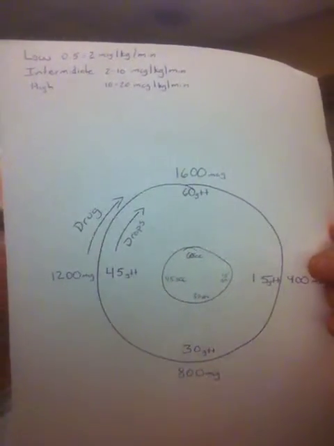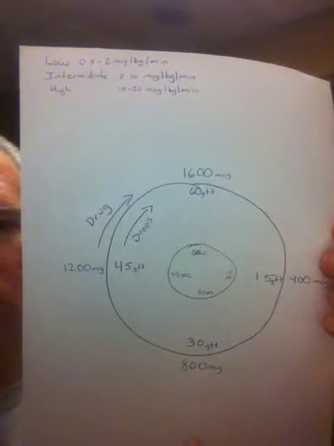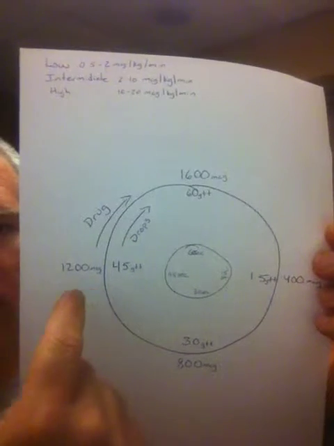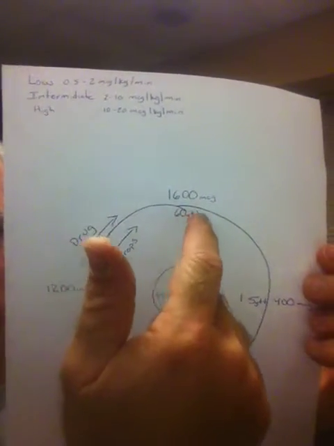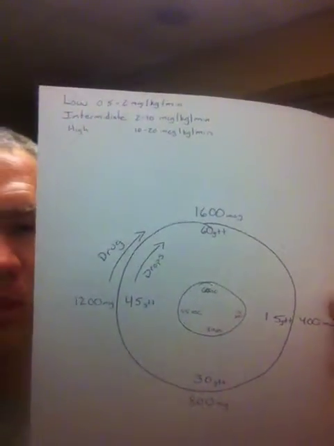So if you have 15 drops, you'll be giving 400 micrograms, 30 drops, you'll be giving 800 micrograms, 45, 1200, and a full 60 drops in a 60-second time frame, you'll be giving 1600 mics. So, the easy way to do this would be to simply take the patient's pounds and subtract the last number.